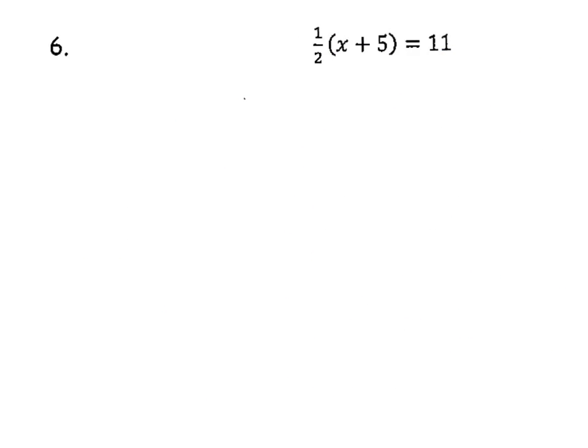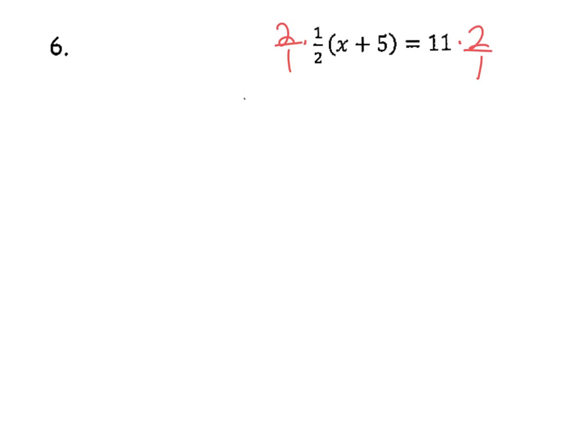All right, number 6. On number 6, the best thing to do is get rid of that 1/2 right away. But I'm not distributing. So have a conversation with the people at your table about how you're going to get rid of that 1/2. I multiply by 2 over 1. Okay, parentheses are protected. That means don't touch the x plus 5.